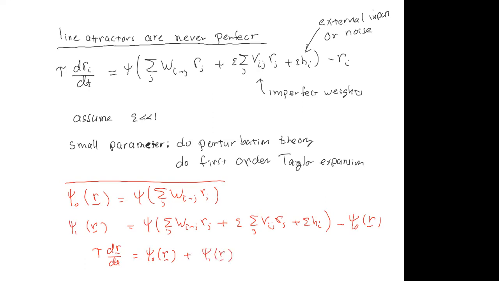Okay. And we put the epsilon inside here, but as epsilon goes to 0, psi 1 goes to 0. So for small epsilon, psi 1 is actually proportional to epsilon.